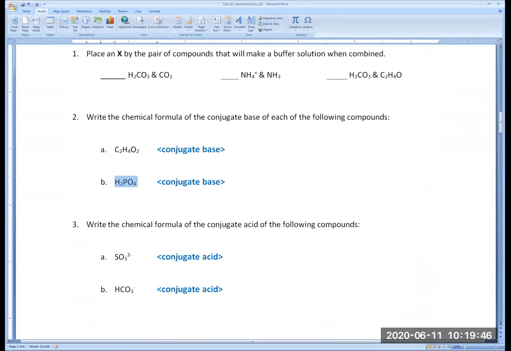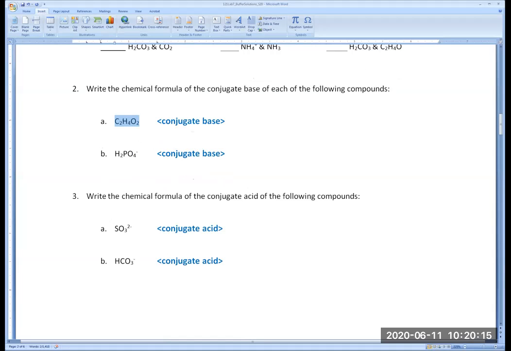They will donate a proton and become the conjugate base. So find the formula when you remove an H plus from this formula. Don't forget, it's removing an H and a positive charge. So don't forget to look at the charge. The charge may change.